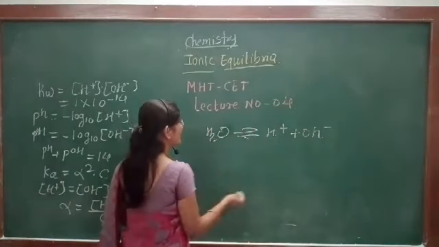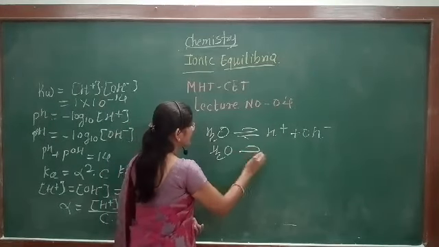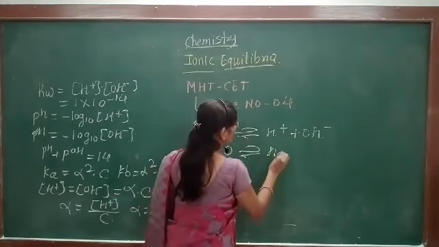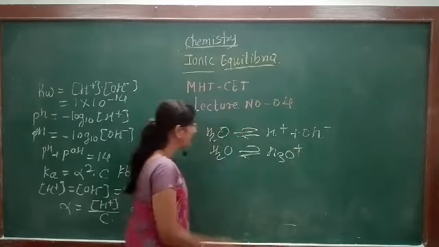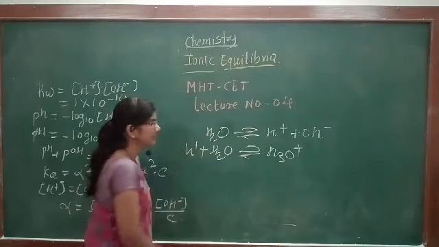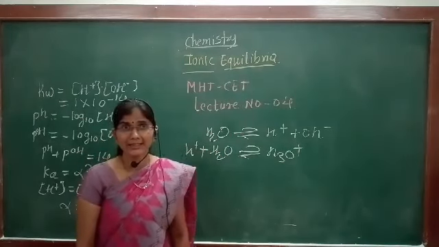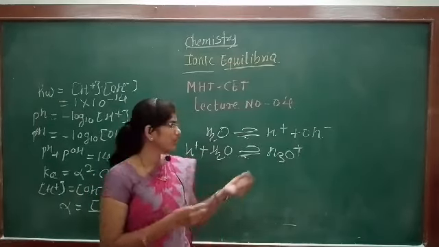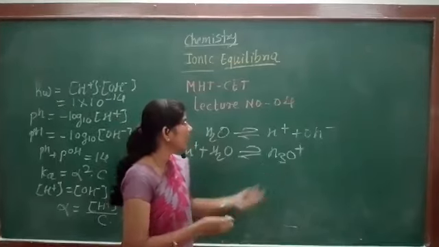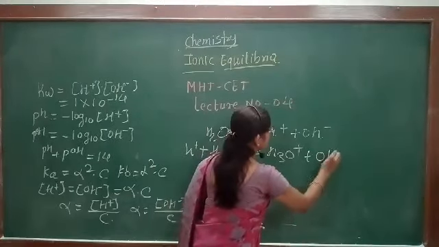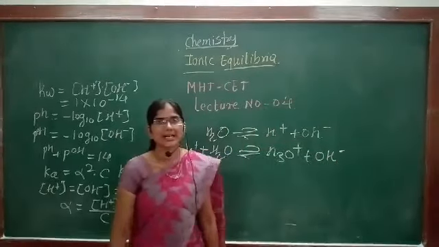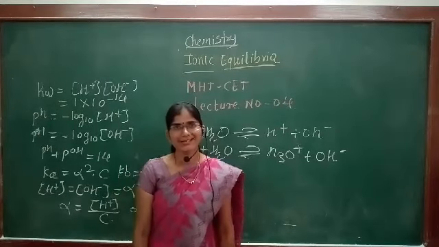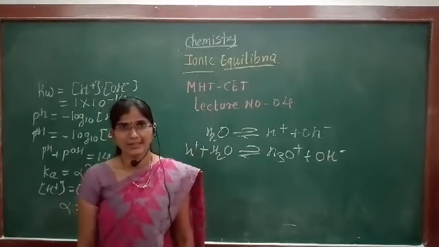These H plus ions again react with water to form a hydronium ion, and therefore, as we discussed in the regular lecture, the H plus ion is equal to the hydronium ion, plus OH minus ions.